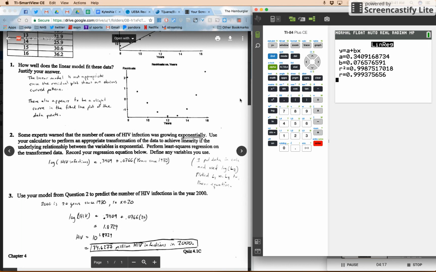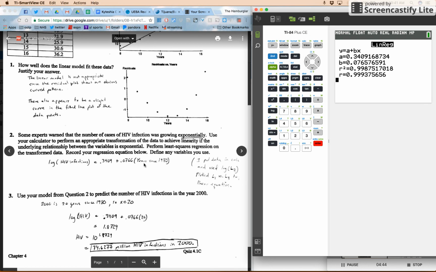So you can see on my paper, I have a is 3.3409. The equation is y equals a plus bx, 3.3409 plus b, which is 0.0766, rounded to 4 decimal places, times x. So in my equation, instead of using y and x, I'm just going to use the actual variable titles.